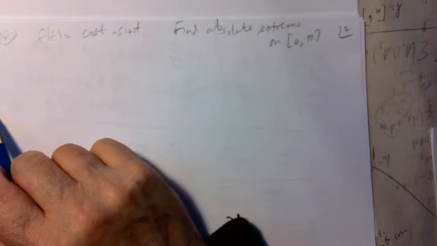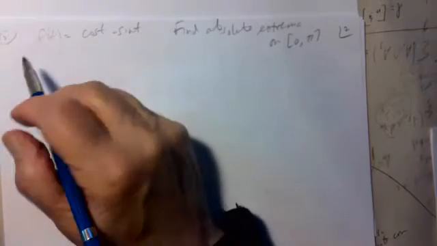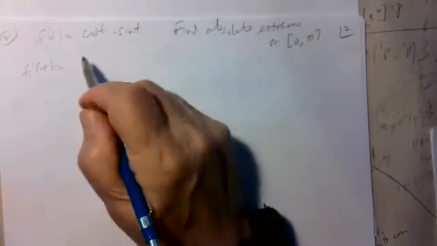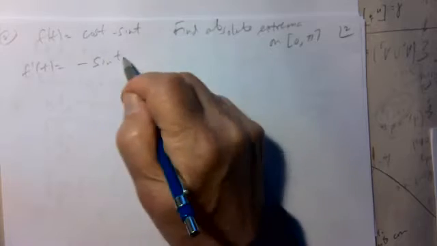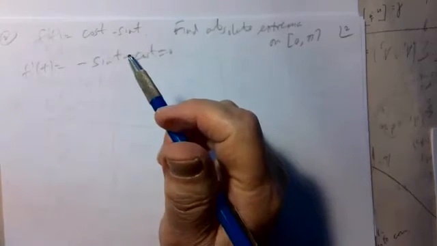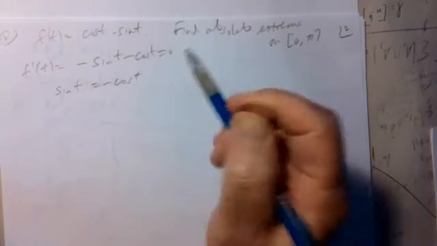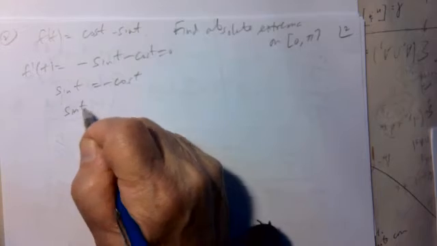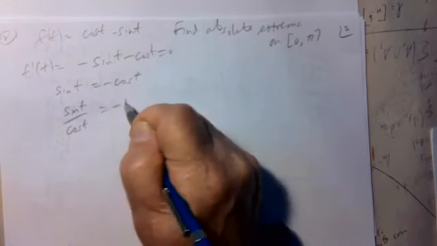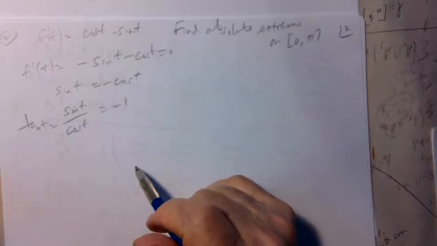So that means we have to evaluate the function at the endpoints of the interval and at any critical points in the interior. So f prime of t is minus sine t minus cosine t. When does that equal 0? That's the same as saying that sine t equals minus cosine t, or sine t over cosine t equals minus 1, which is the tangent of t equals minus 1.